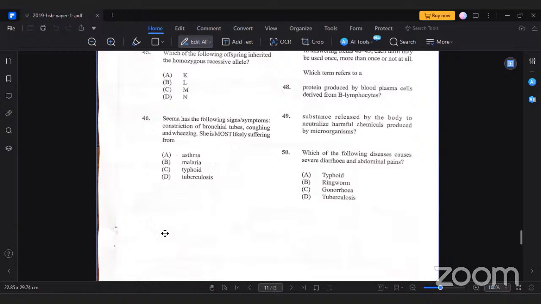She is most likely suffering from... Most of the persons who dropped out earlier are not in as yet. Asthma has the following signs and symptoms: constriction of bronchial tubes, coughing and wheezing. She is most likely suffering from. Any answers?